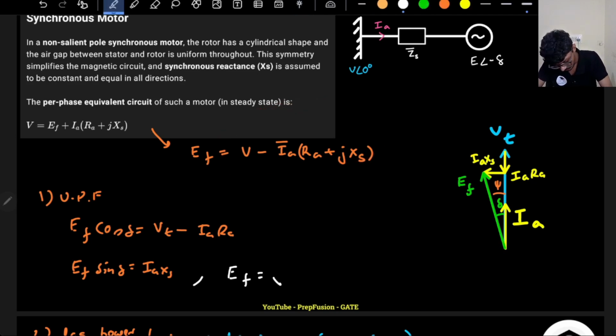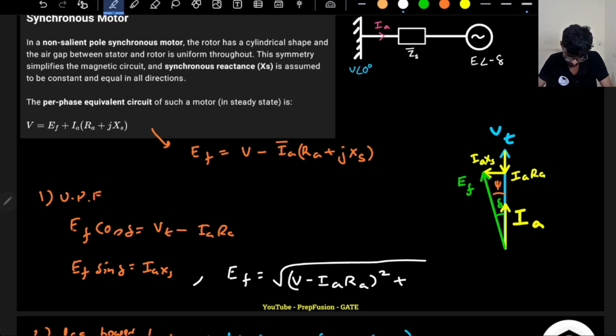It will be basically under root of (V minus IA Ra) whole square plus (IA Xs) whole square.